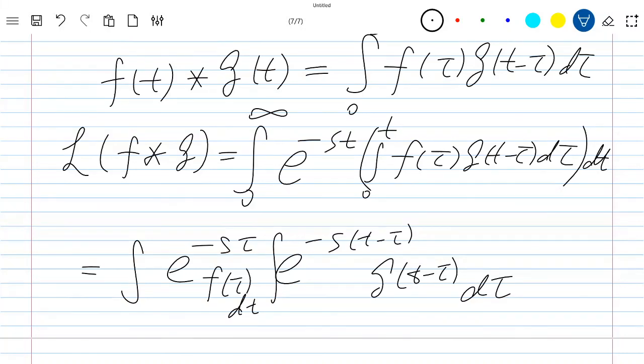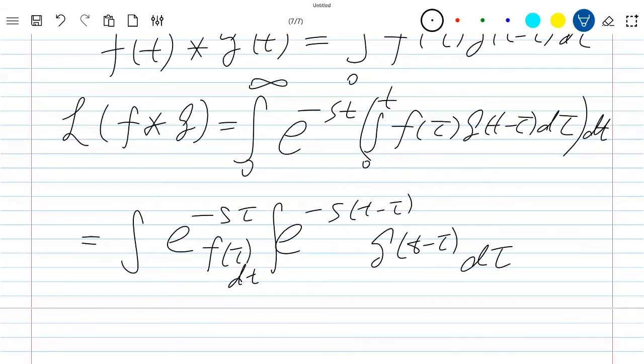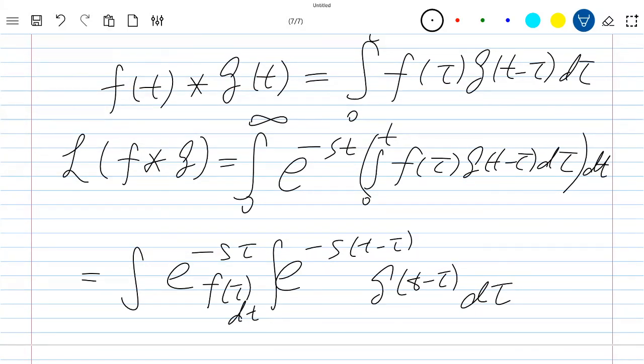And what's the range of t and tau? Well, t is from 0 to infinity, and tau is between 0 and t. So, oh sorry, if you change this to t minus tau, then you can change it to 0 to infinity. Since t goes from 0 to infinity, t minus tau also goes from 0 to infinity.